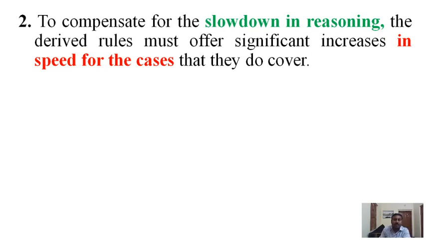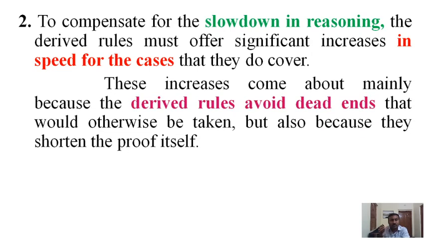In that way we can maintain the efficiency. That is the second one. Then the third one: these increases come about mainly because the derived rules avoid dead ends that would otherwise be taken, but also because they shorten the proof itself.